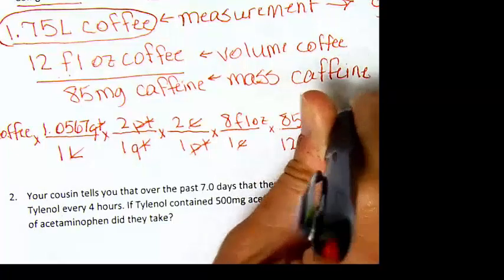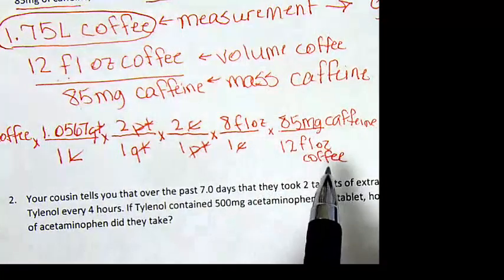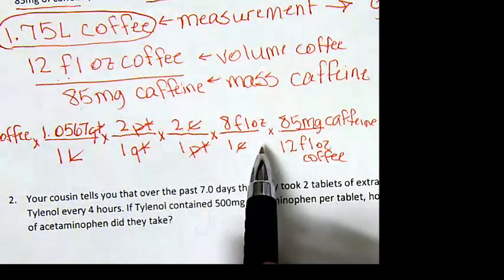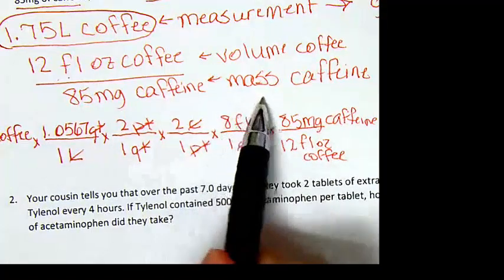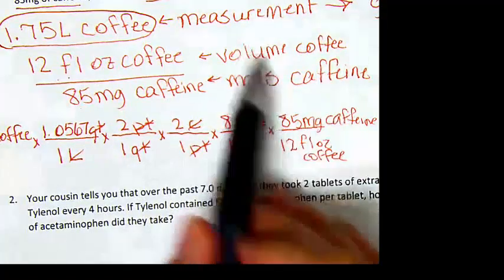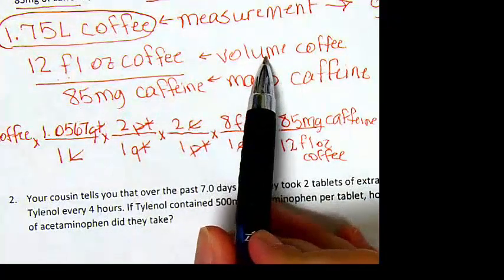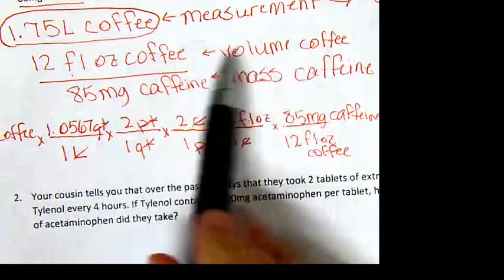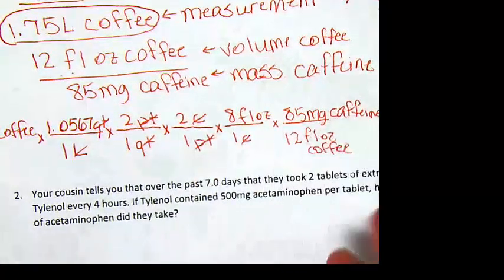And I'm putting the description because this actually allows us to switch from talking about the volume of the mixture to the mass of caffeine. This is not density, because caffeine and coffee are not the same thing. It's a mixture. This is the volume of the whole mixture, and this is the mass of one of the things in it.